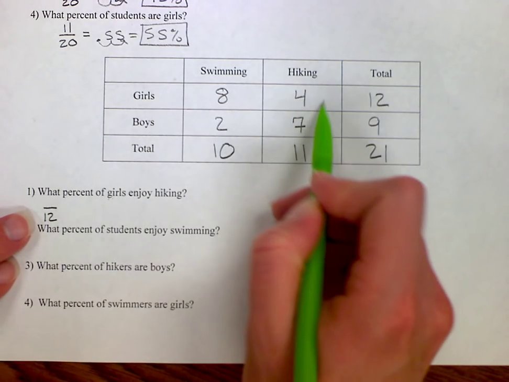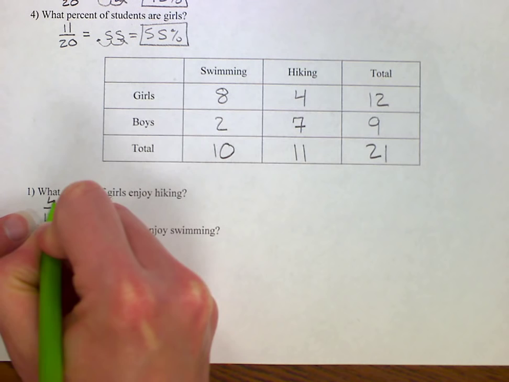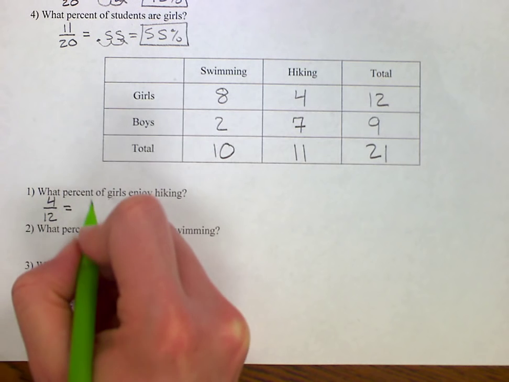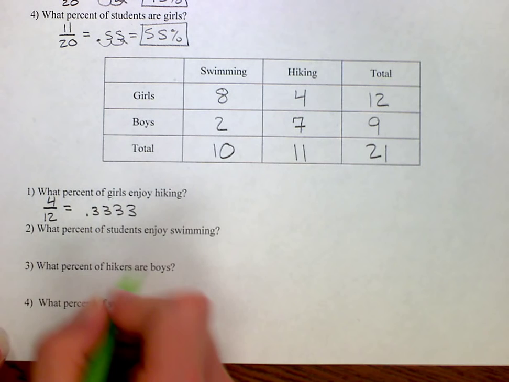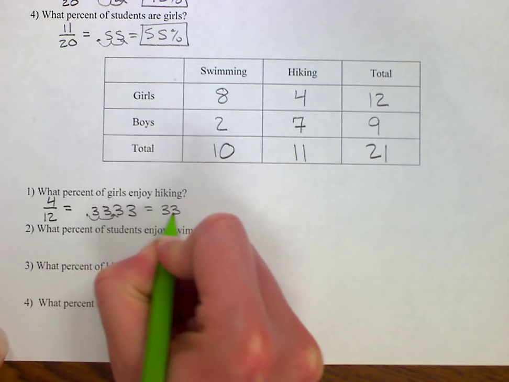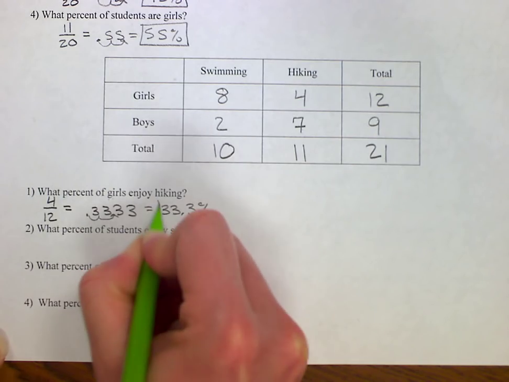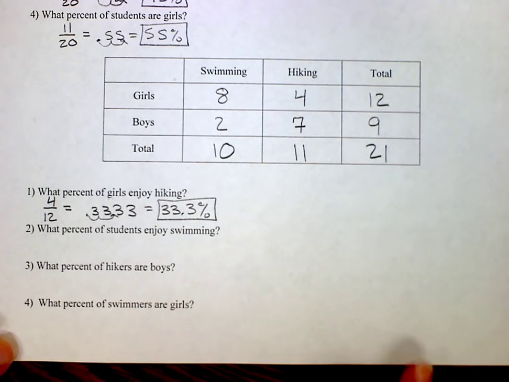There's 4 girls that liked hiking. So we have 4 over 12. Divide that in your calculator, you will get 0.3 repeating. So then when we change this into a percent, we will get 33.3%, and at least go out to the tenths place. Unless it says differently in the directions, just go out to the tenths place or 1 decimal point.